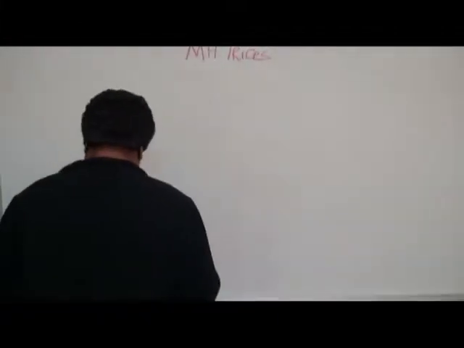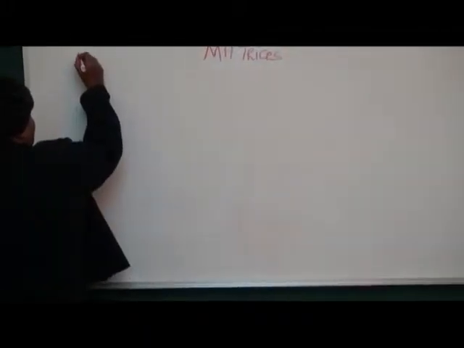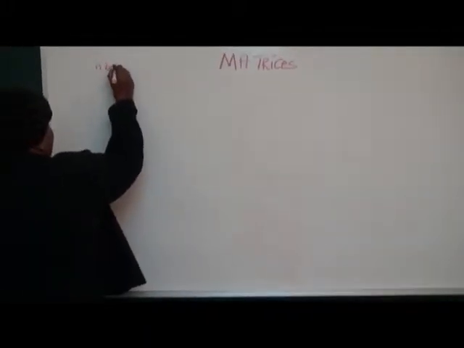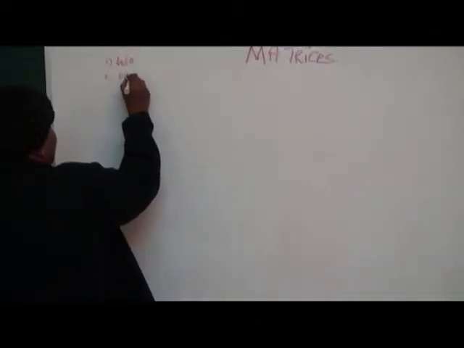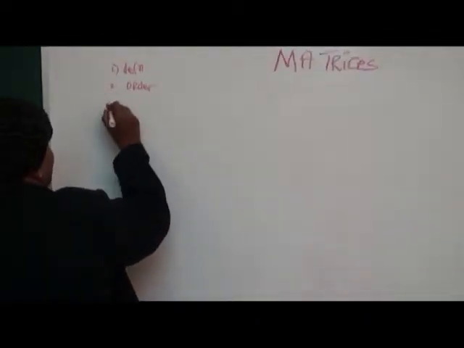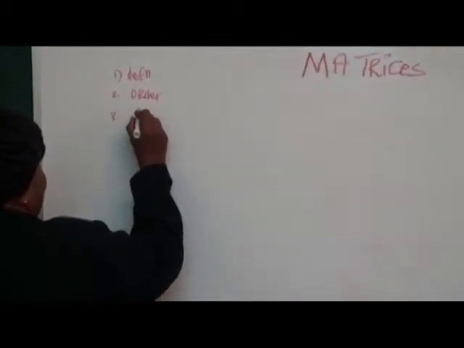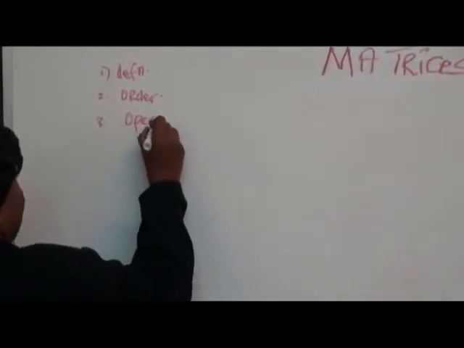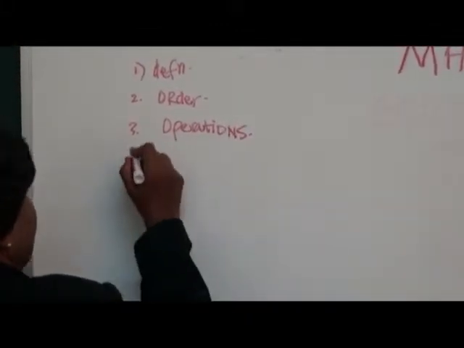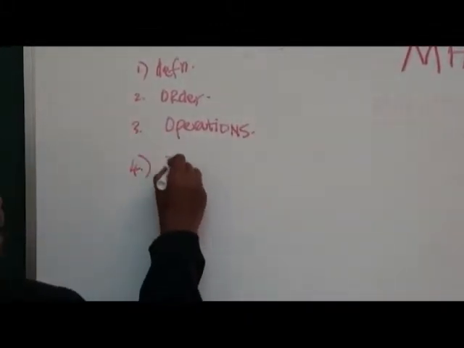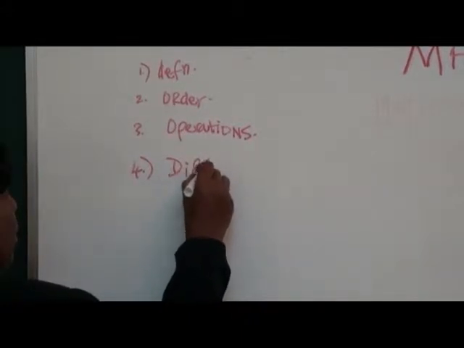We know, for example, we have done our definition. We know how to find the order of the matrix. We know how to get the operations. And we know the different types of matrices.